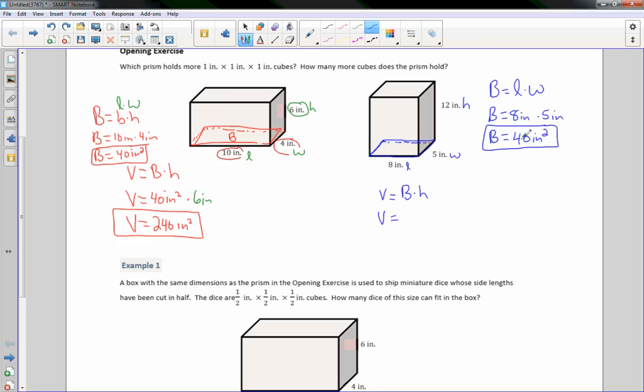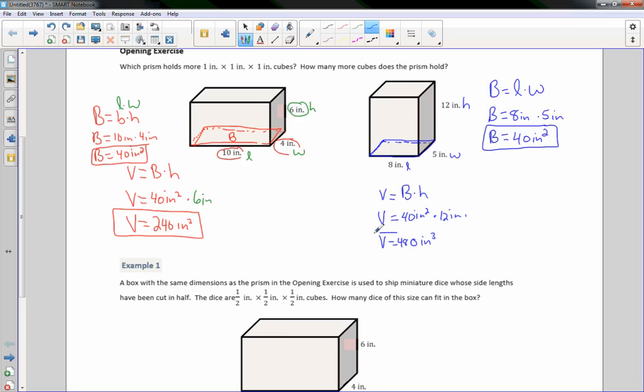So my volume is this base area of 40 inches squared. And I'm going to multiply it by the height, which is 12 inches. So the volume is, okay, if I multiply 12 times 40, 4 times 12 is 48, and then I just put that 0 after. It's 480, and inches squared times inches is cubed, because we add our powers.